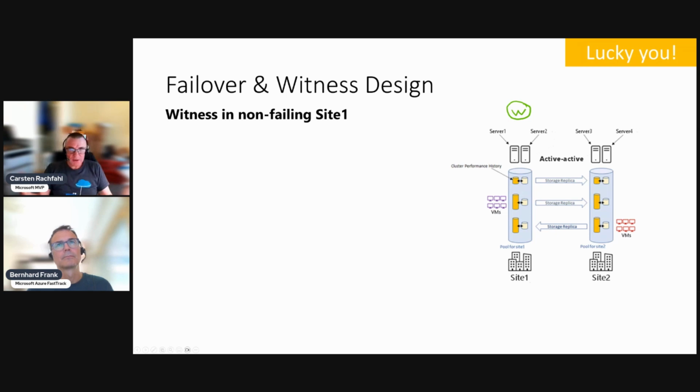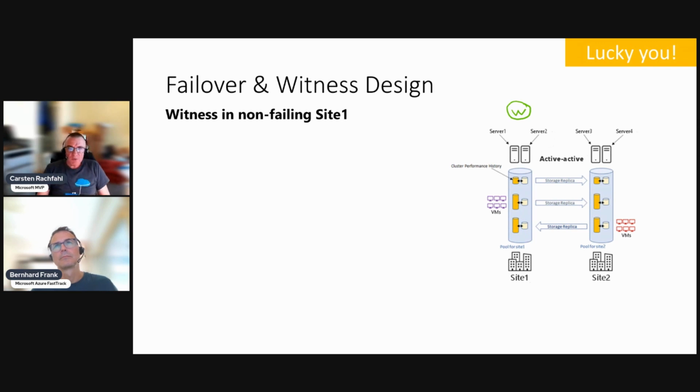In this scenario, we would have two votes here, two votes here. So we don't have quorum. Let's say that we don't have a majority of nodes, so that the cluster can decide, I'm the majority, I will run my VMs and maybe start the other VMs, and the other part is a minority, it will shut down the VMs and do nothing else.